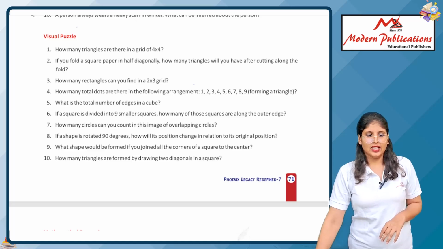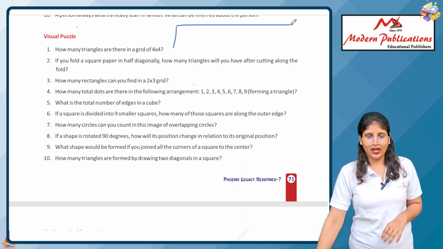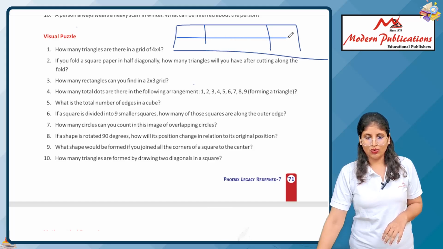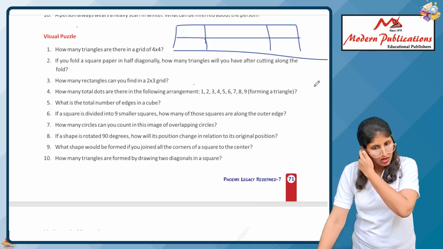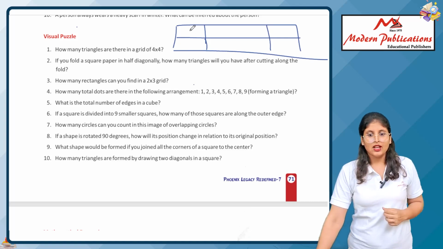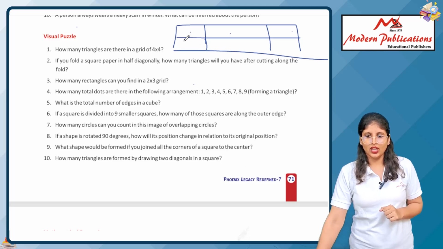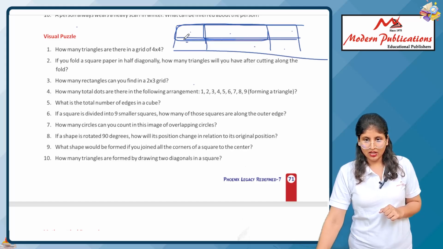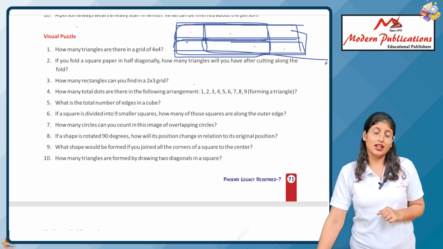Like this, a 3 into 2 grid. So how many rectangles? 1, 2, 3, 4, 5, 6, next 7, 8, 9, 10, and the big one is 11. So there are 11 rectangles.